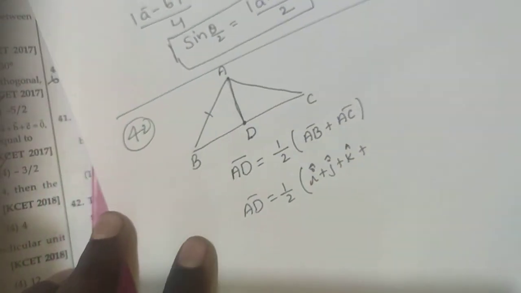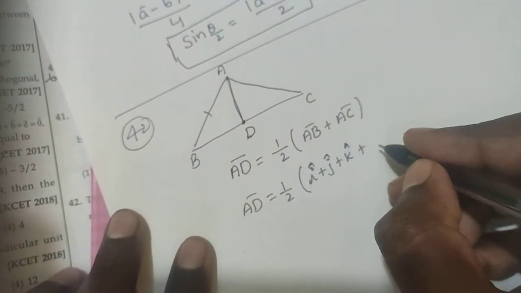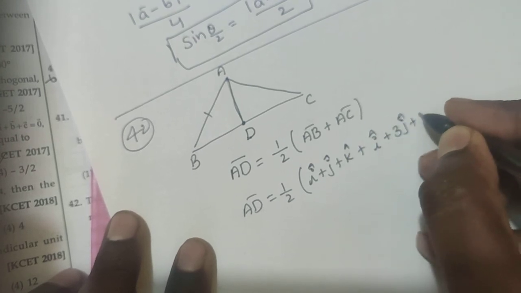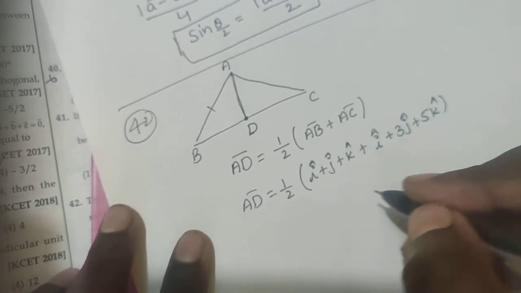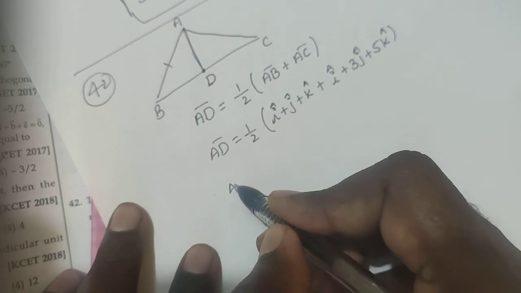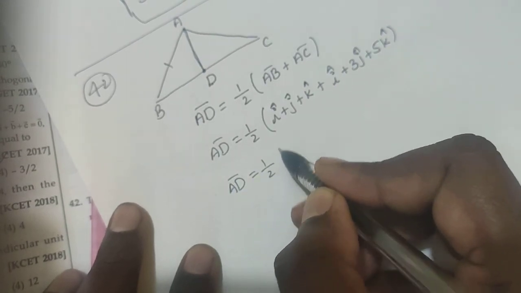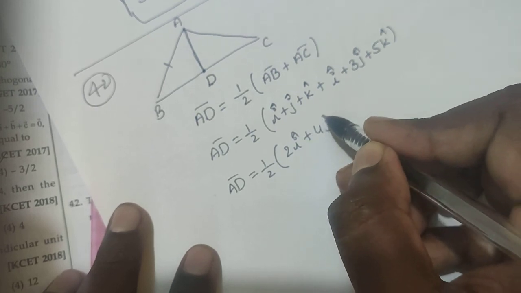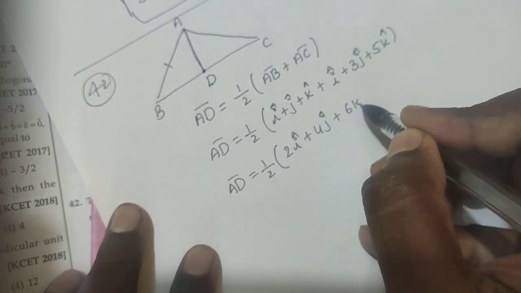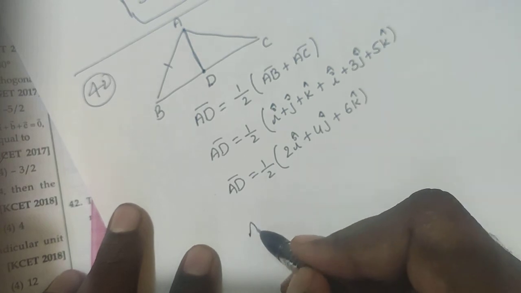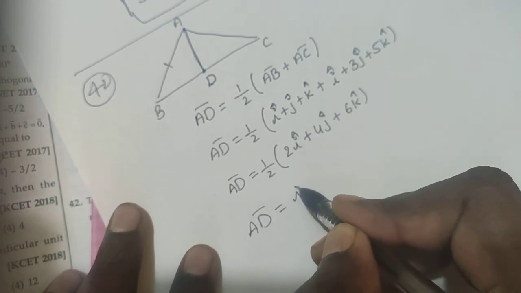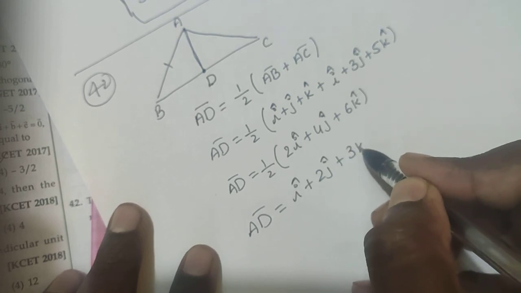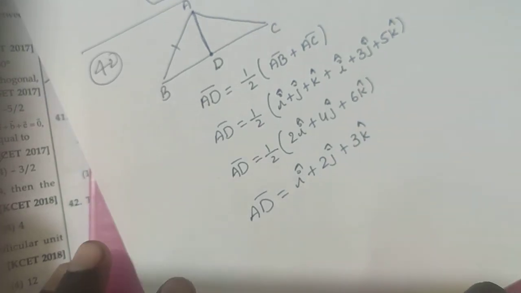Okay, substitute and simplify. Then AD bar equals 1 by 2 into I plus I is 2I, j plus 3j is 4j, 5k plus k is 6k. If you take 2 common, 2 gets cancelled, then what you will get? I plus 2j plus 3k. This is the vector AD.